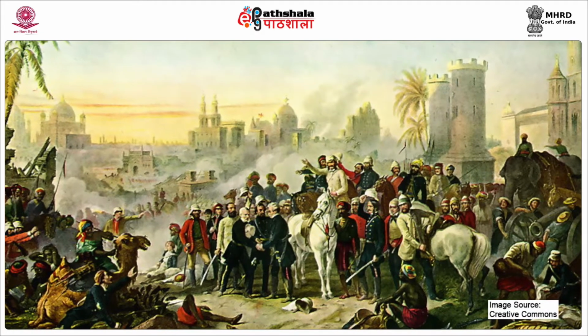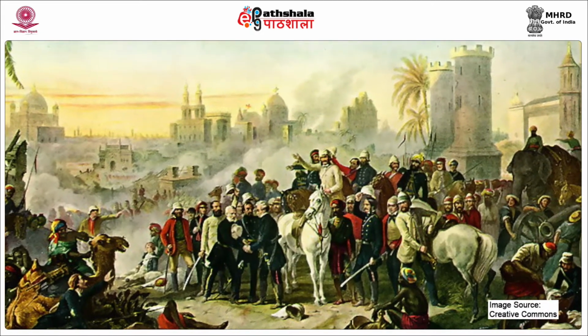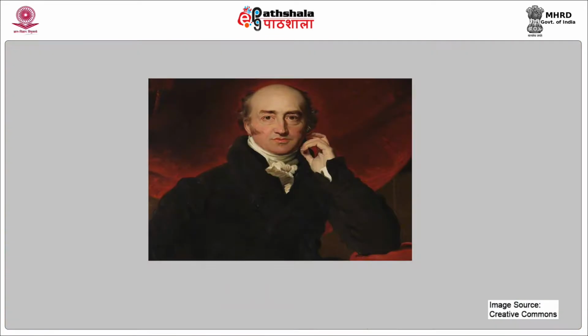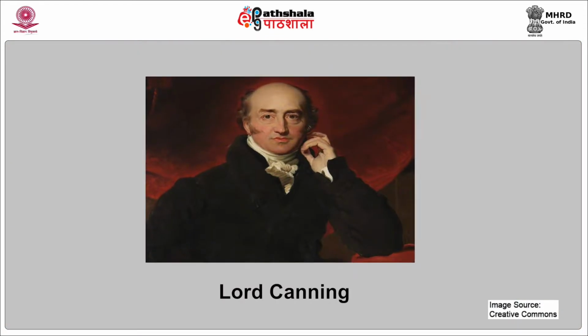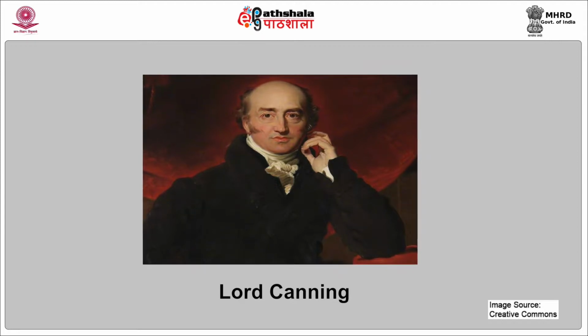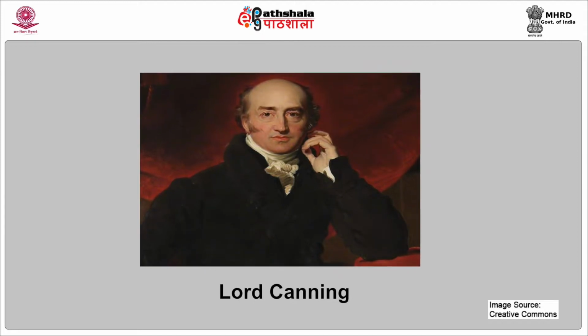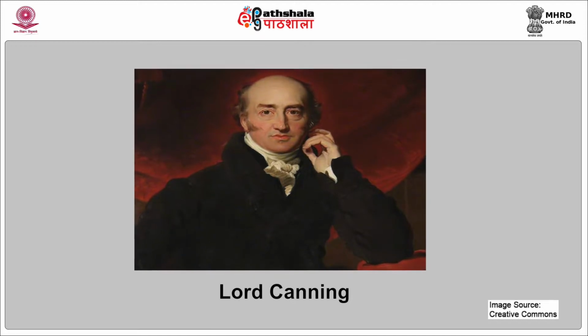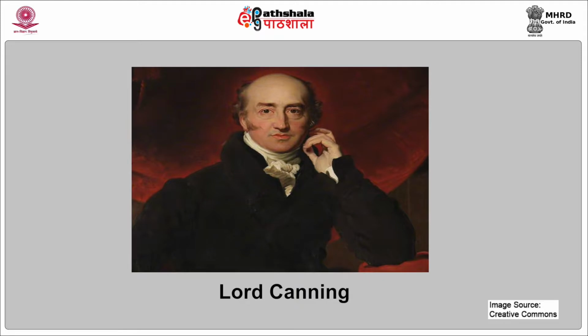For instance, the revolt of 1857 shook the administration of the East India Company though the Indians were defeated. Lord Canning blamed the press and the circulation of opinions among the native Indians through seditious writing in newspapers as a cause for such uprising.